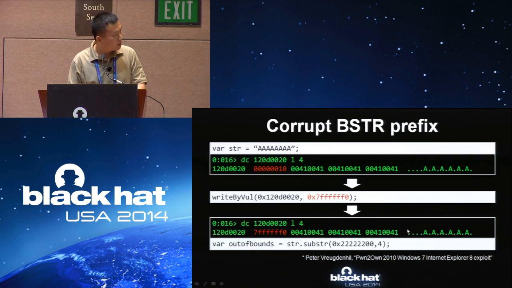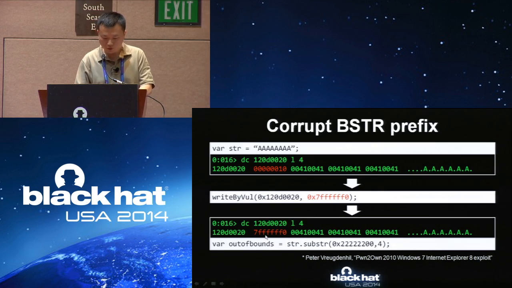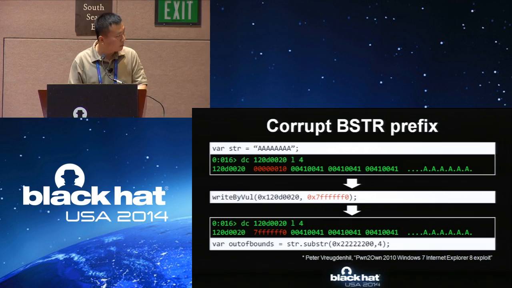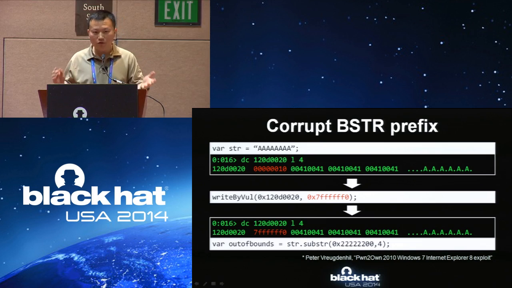Like this, we use some vulnerability to overwrite the length with a really large value. Now we can do out-of-bounds reading. That means info leak and bypass ASLR.